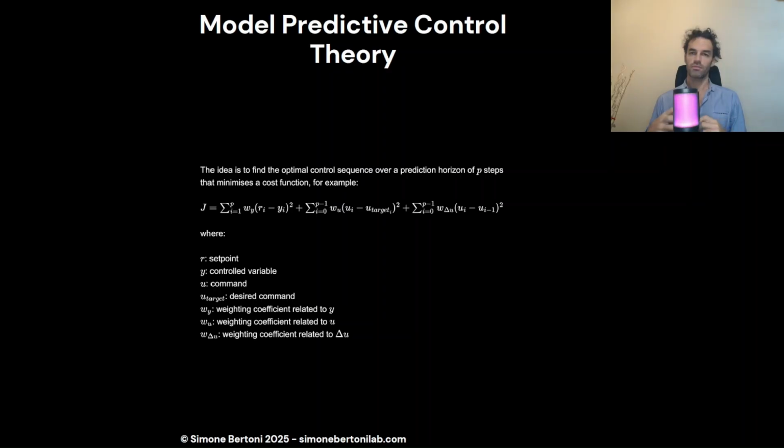So if we have control horizon 2, it means we can only change the control input for the first 2 steps, and then we have to keep it constant for the remainder of the prediction horizon.